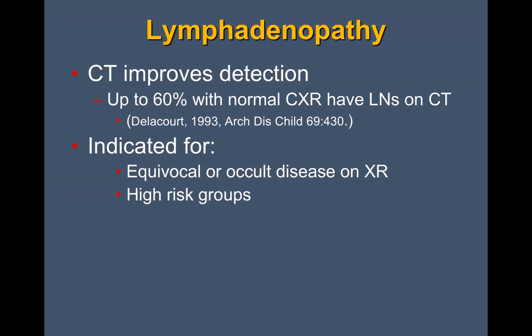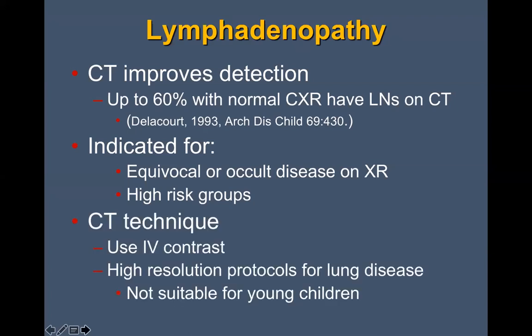Well, we don't really believe that that's warranted, but we do feel that CT can really help you in cases where you're suspicious that you have lymph nodes from your chest x-ray, or you have a very high risk group and it's extremely important for your management decision to know for sure whether you've got lymphadenopathy, then CT can be a useful adjunct.